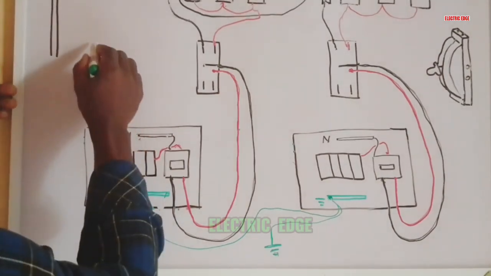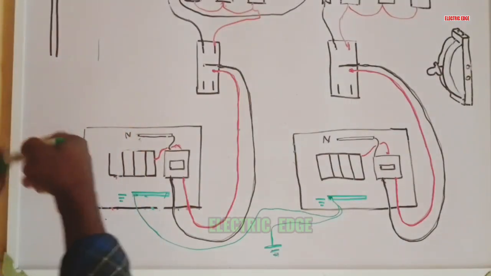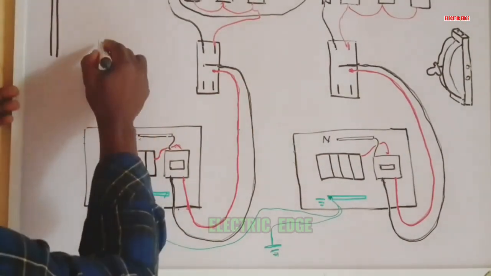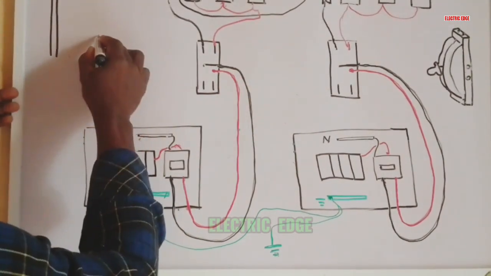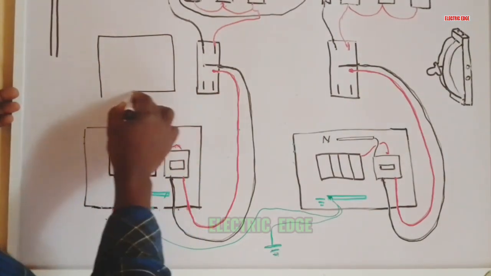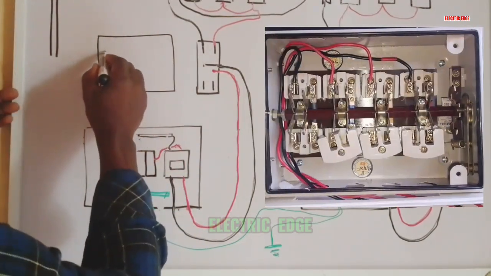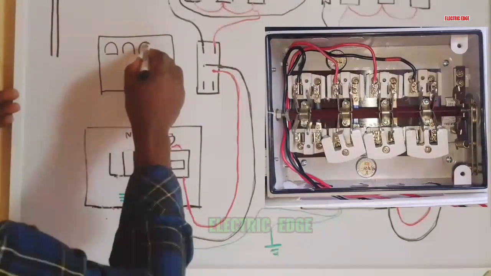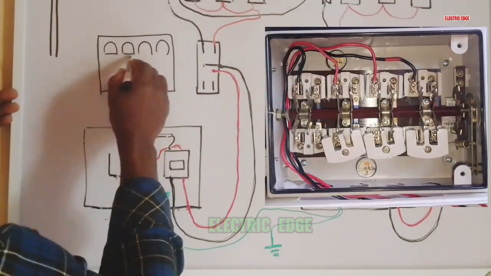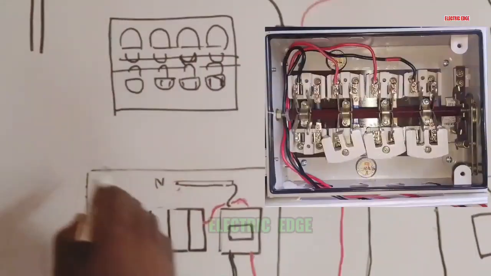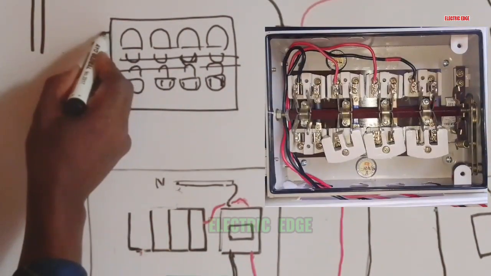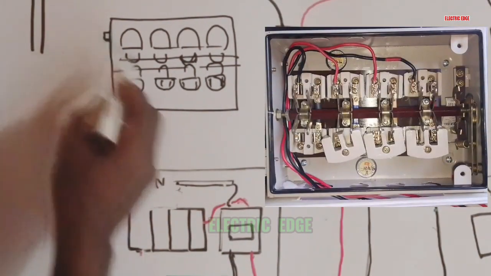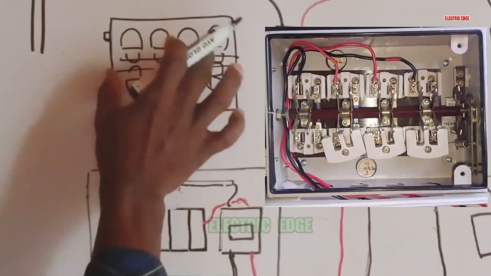In that case, what you need to do is this. Let's assume this is the changeover switch. This one is for 3-phase. Then in this manner, there is a provision here for your earth. The earth cable should not enter into the enclosure.